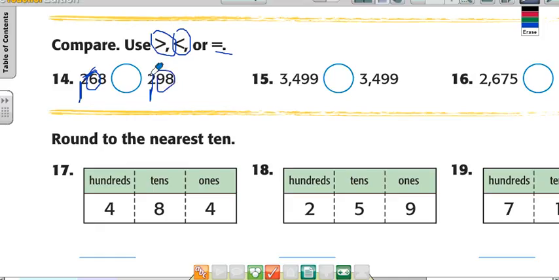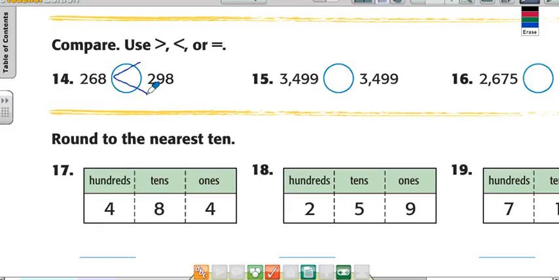What sign am I going to use? If I use greater than, you're saying that 6 is greater than 9. No, it's going to be less than because 6 is less than 9. Less than.